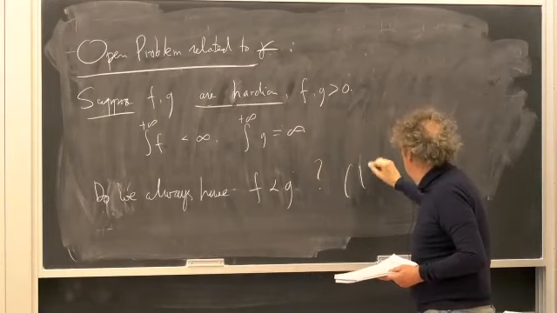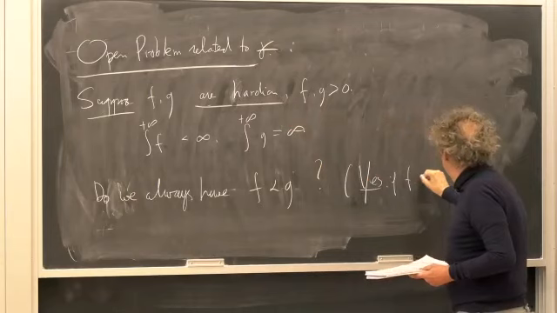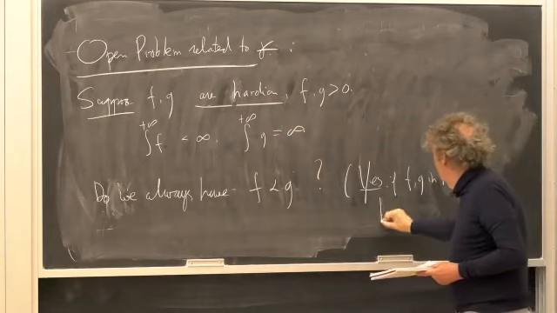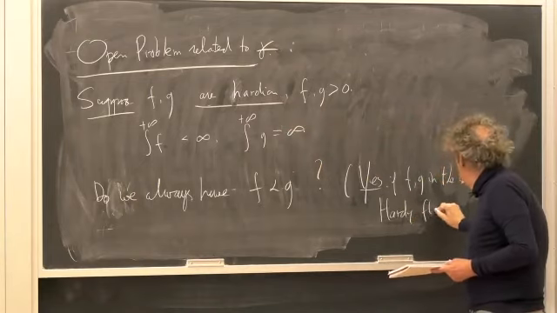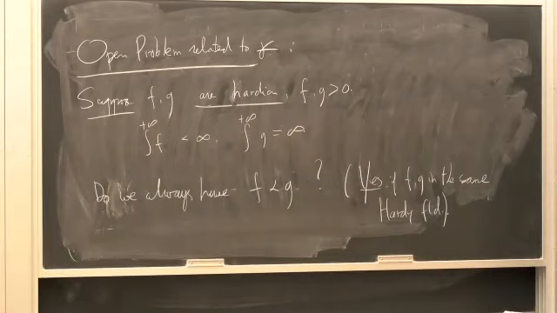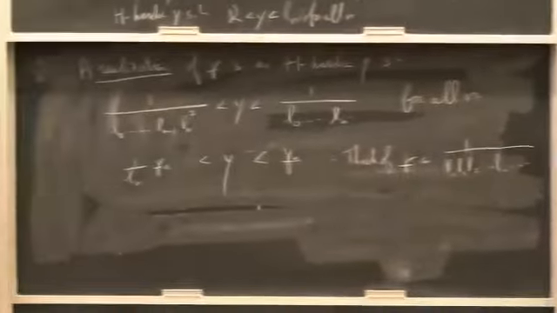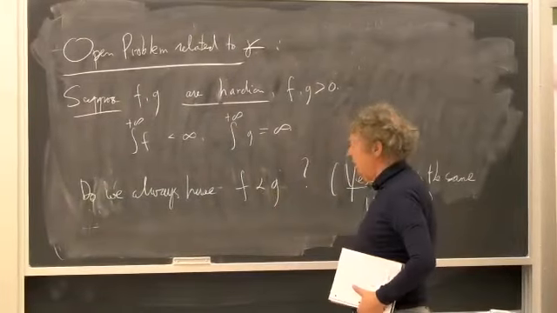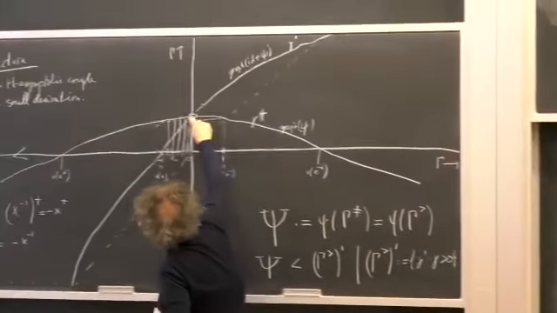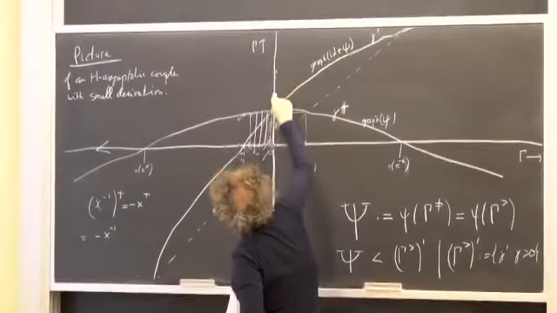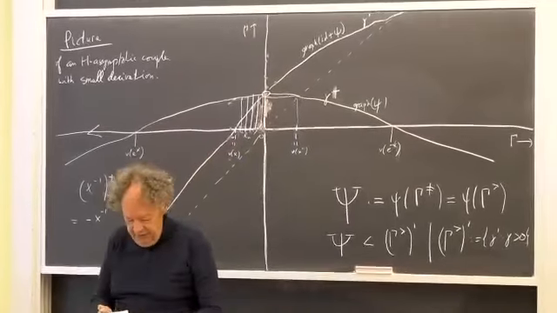Because then it simply means that the valuation of f must be here, and the valuation of g is there.